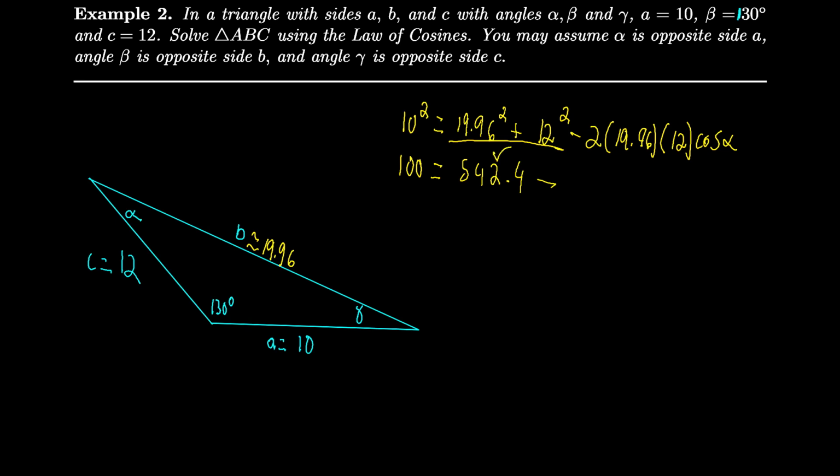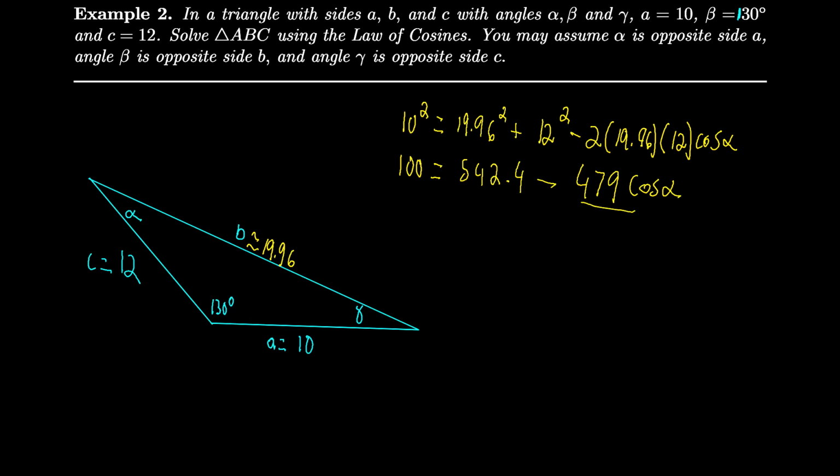Minus 24 times 19.96. I did 2 times 12 to get 24, times 19.96 is about 479.04. So that's it. 479 cosine theta.